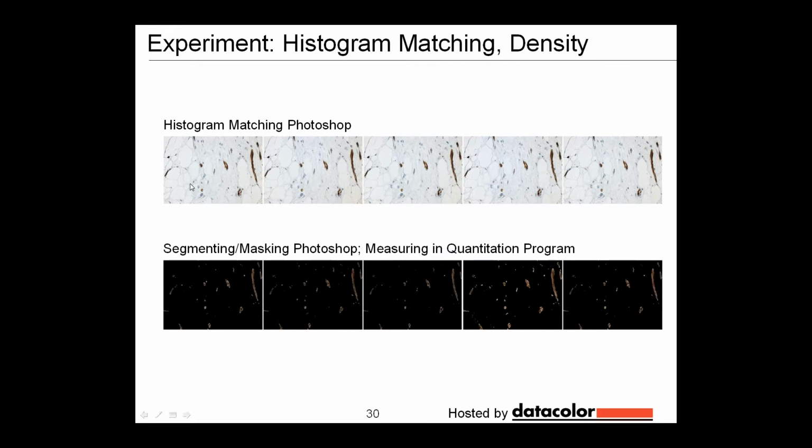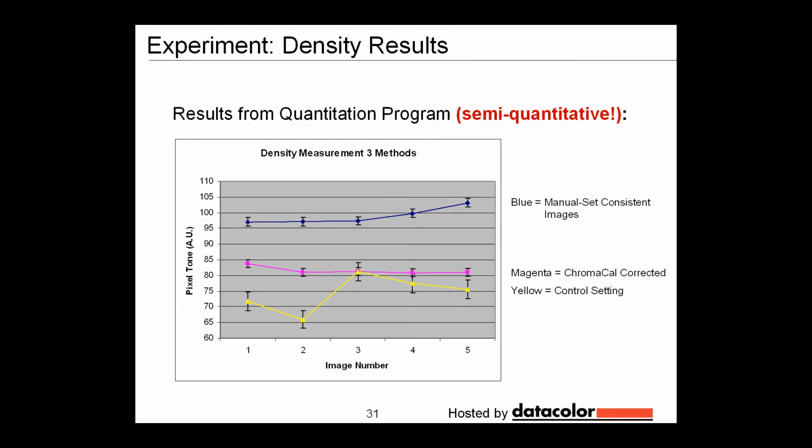And again, from that histogram matched set of images, I segmented and masked it so that I'm only measuring the densities from my features of interest. And in this instance as well, I set just one threshold setting for all of them.